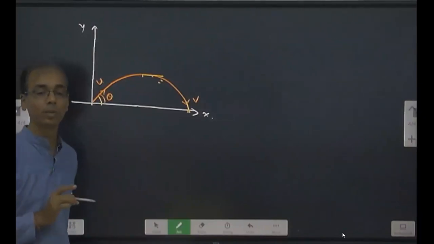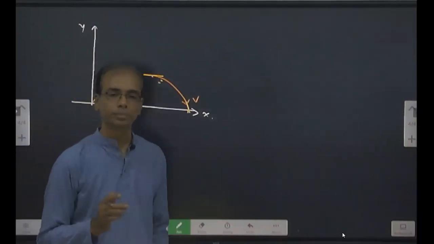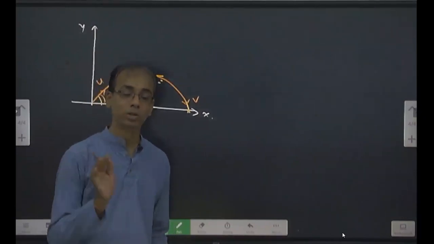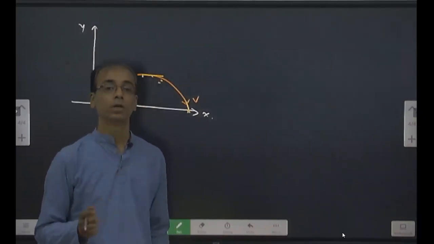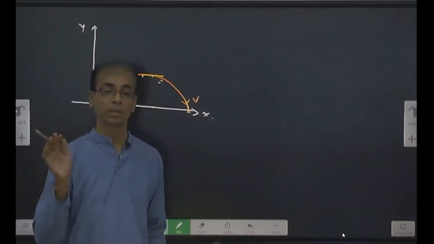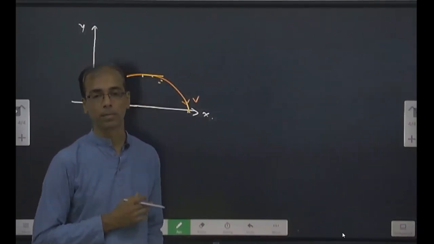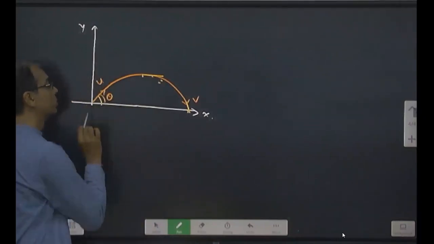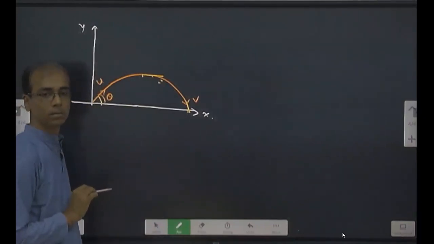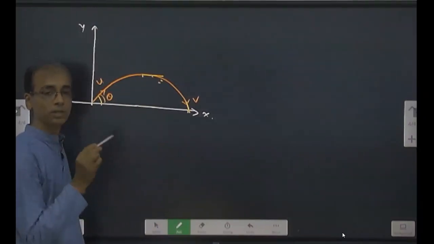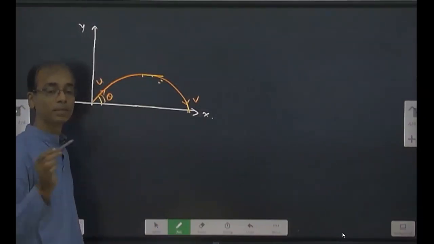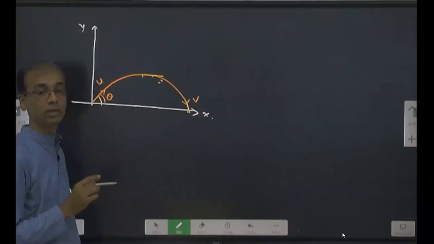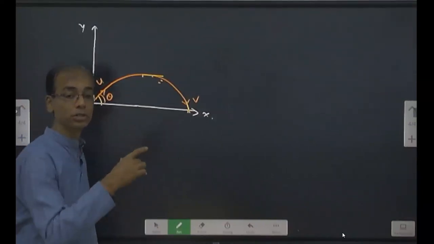So always remember, horizontal motion is carried by the horizontal velocity, and vertical motion by the vertical velocity. This velocity is neither horizontal nor vertical, it's making an angle. So the first thing we need to do is find its components along the horizontal and vertical directions. Then only we can find their motions.